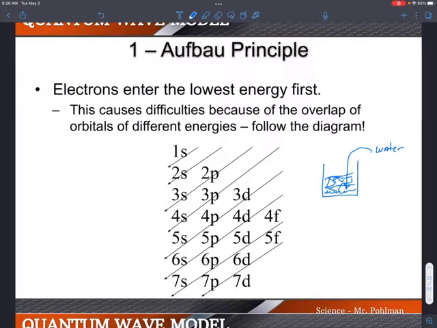Now, if we had a second glass that we were going to put in here, as you pour the water in, that water has to get to a certain height, and then we can start to fill in the other. So when you are looking at filling in these electron placements, you have to fill in from the lowest energy state up.